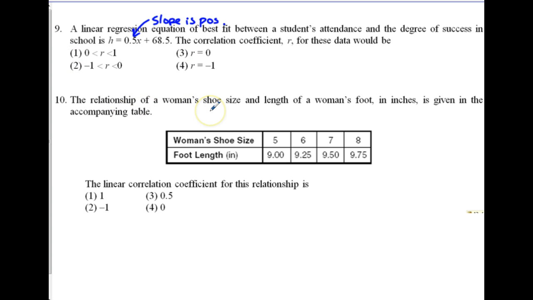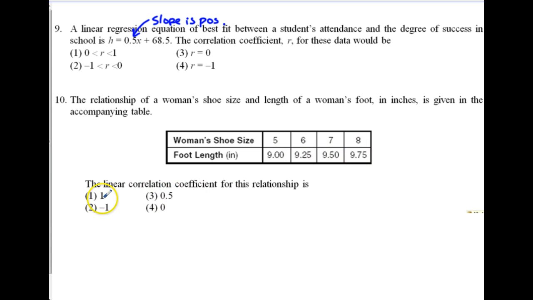has a relationship between a woman's shoe size and the length of a woman's foot. Well, just kind of looking at this, what could be the possible relationship here? Of course, you could put this data in your calculator and actually compute it, but let's not even do that. Let's just look at the trend. As the shoe size goes up, as X increases, Y also increases.